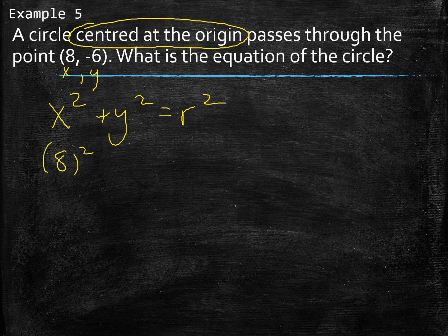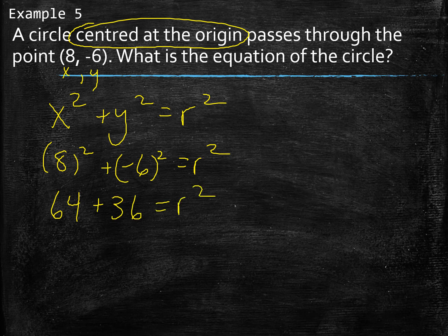So 8 squared plus -6 squared equals r squared. 8 squared is 64. -6 squared is 36. 64 plus 36 is 100. Now what do we do? What undoes squaring something? Square root. And we're left with 10 equals r. So the radius is 10.